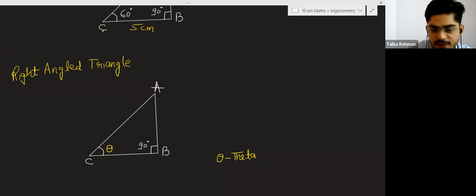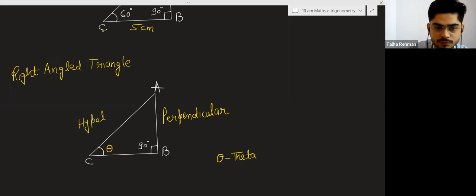So opposite to this angle, this side AB is known as the perpendicular of the triangle, and opposite to this 90 degree angle, this side AC is known as the hypotenuse.